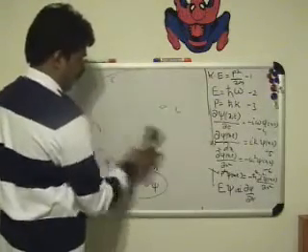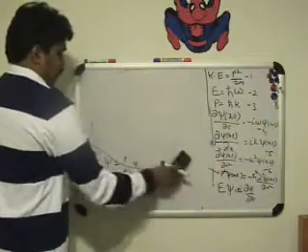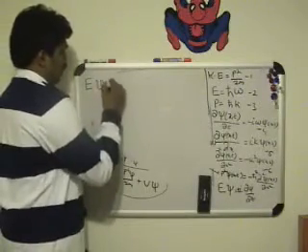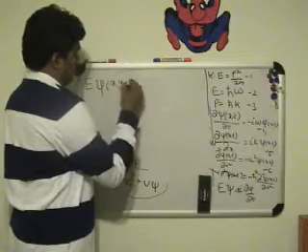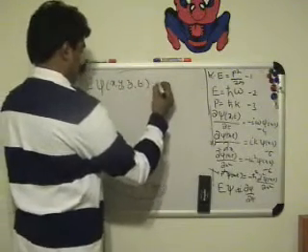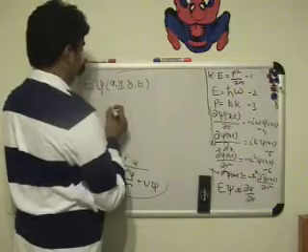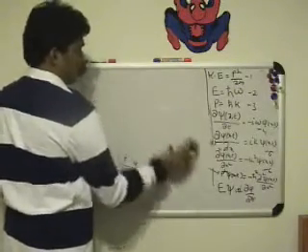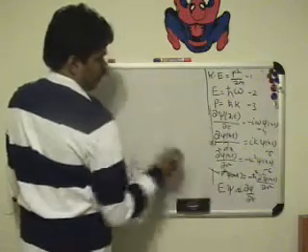Let me expand that first. Eψ(x, y, z, t), right? Maybe I should expand in one shot. So we know Eψ is equal to this, right?